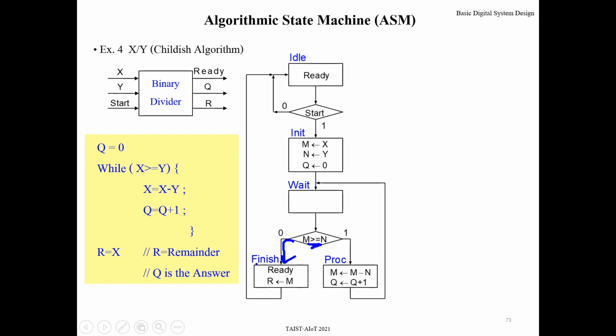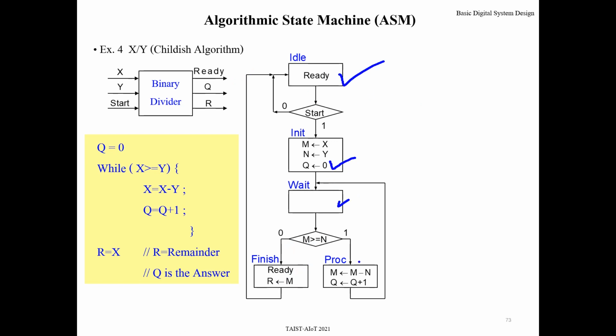Then you can go to the finish state. When you finish, ready can be active, and prepare to load data from M to R as the remainder.